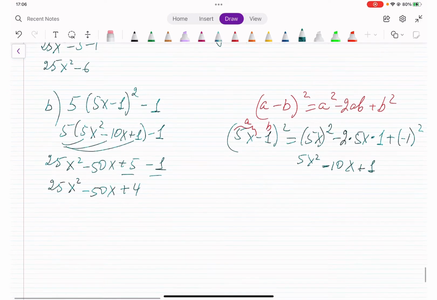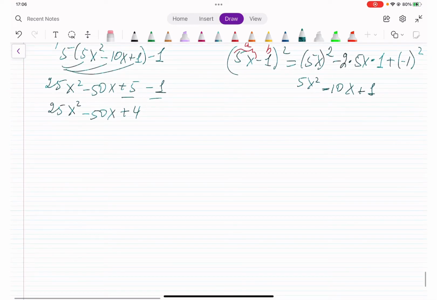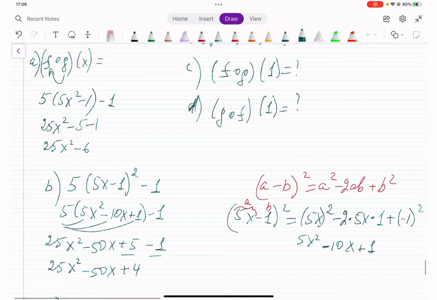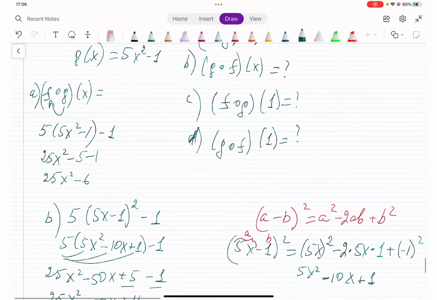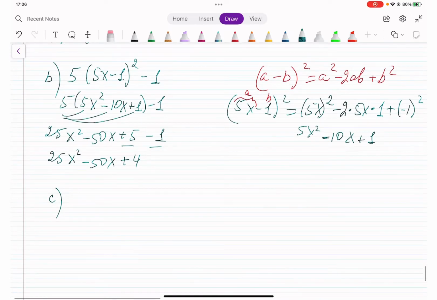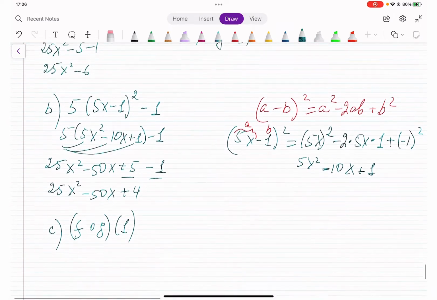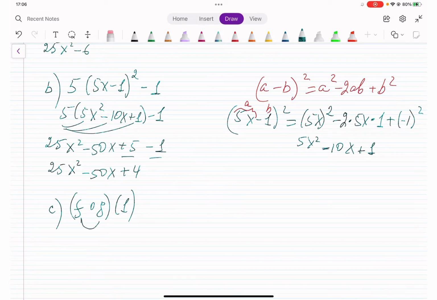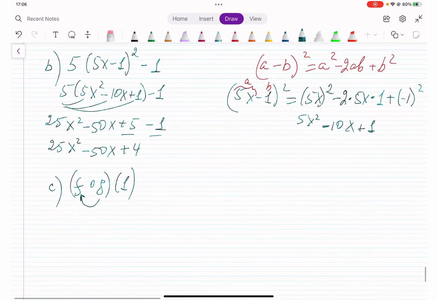Now let's do C, version C. What do we have in version C? Okay, f composite of g for 1. So the easiest way is to plug in 1, so we need to plug g into f. So let me first find g of 1.